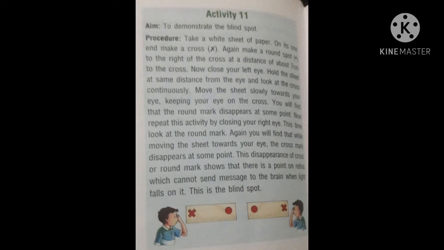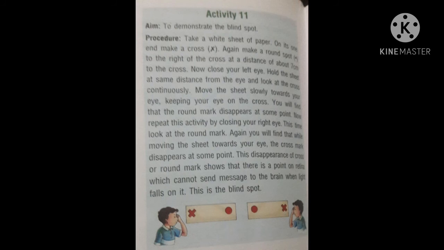Hold the sheet at some distance from the eye and look at the cross continuously. Move the sheet slowly towards your eye, keeping your eye on the cross. You will find that the round mark disappears at some point. Now repeat this activity by closing your right eye. This time look at the round mark.